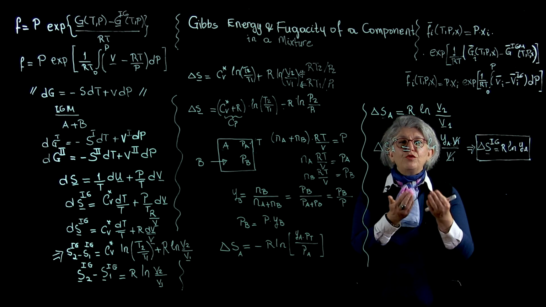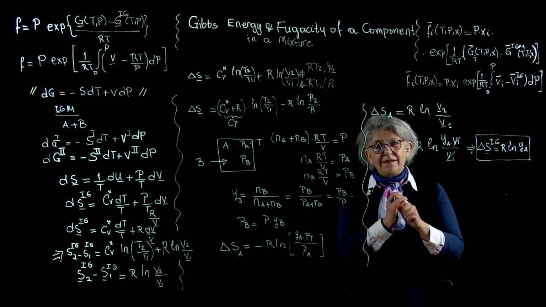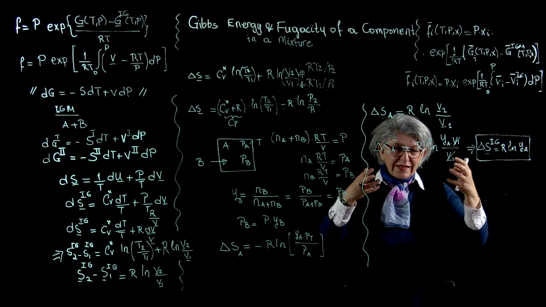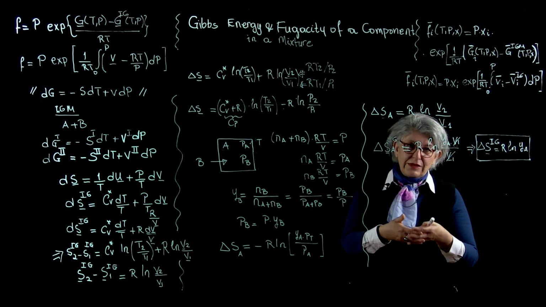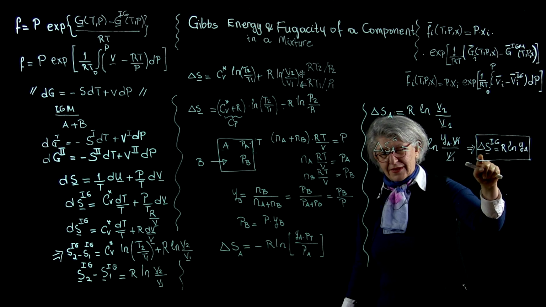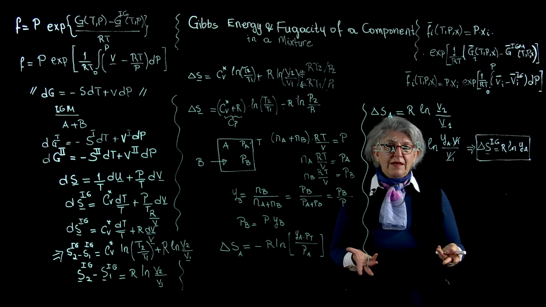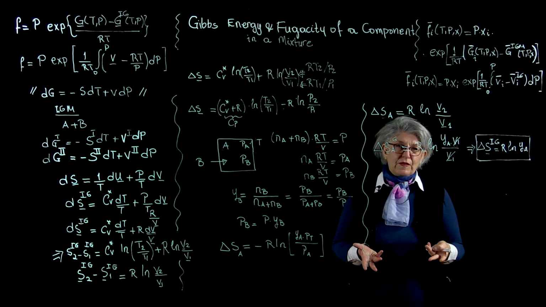But we have an entropy change upon mixing, because we have now unlike substances blending into each other, and this term gives us a measure of the randomness of the mixture, right?